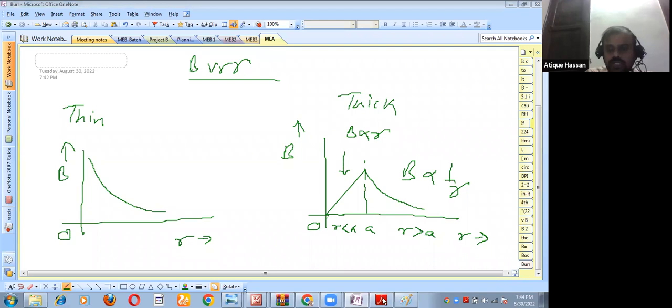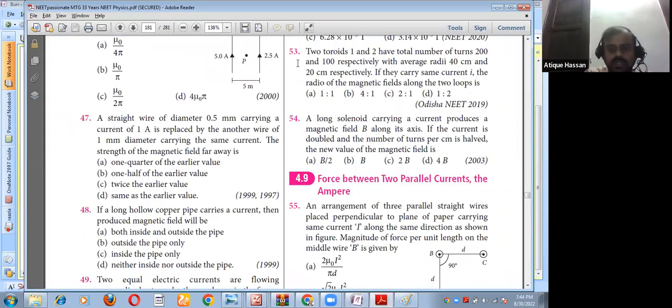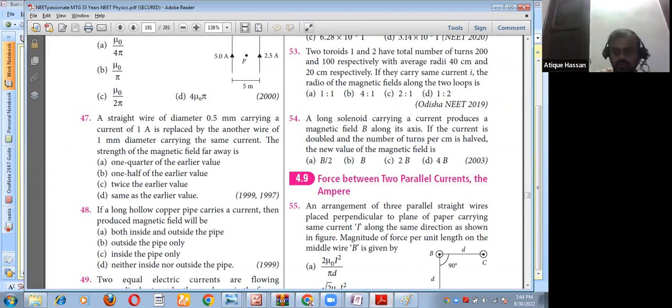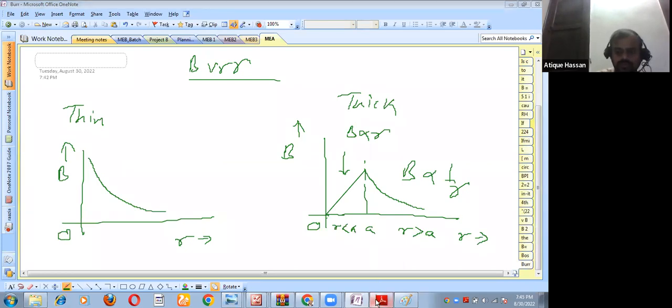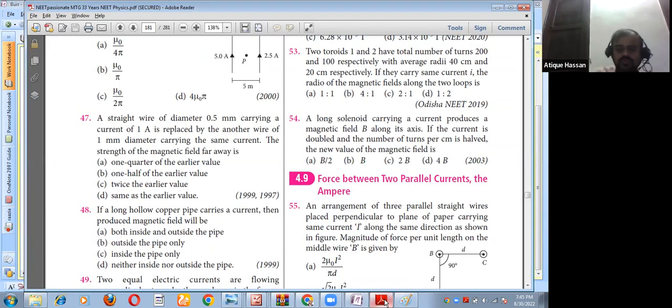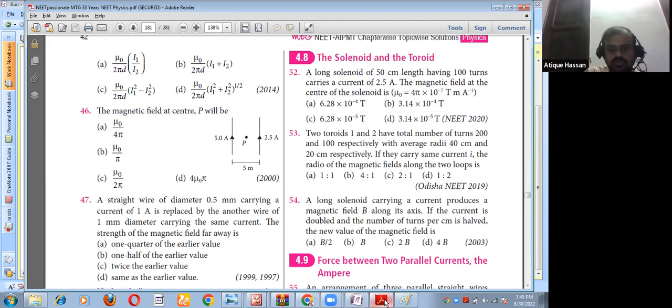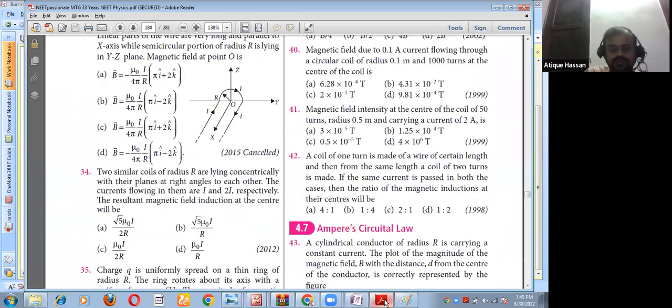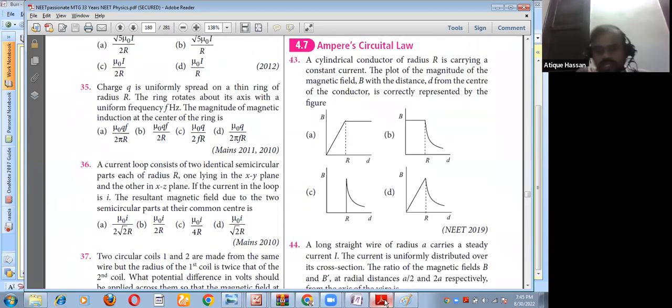So based on Ampere's law, let us do some questions. Then we will go ahead. Let us see question number 43. Solve question number 43.